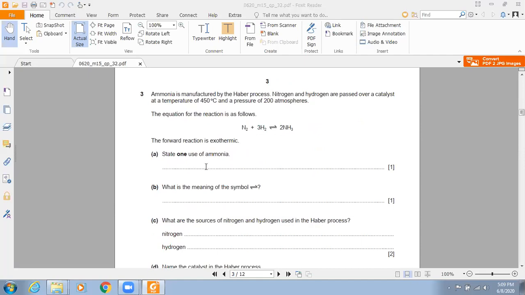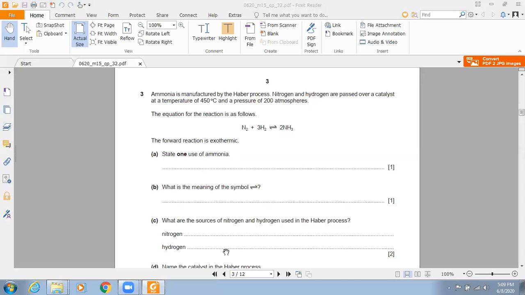Ammonia is used to produce nitric acid. So multiple uses are there. So you can write any of these uses, right? I think it is okay, right? No problem. Then what is the meaning of the symbol? This is reversible.